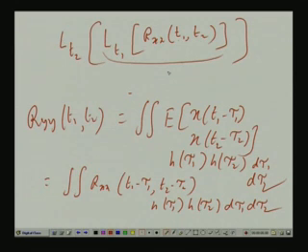A particular thing you see, if input is wide sense stationary, if x is WSS, then obviously R x x T 1 minus tau 1 comma T 2 minus tau 2 will be a function of just T 1 minus T 2 minus tau 1 plus tau 2. Tau 1 and tau 2 are integration variables.